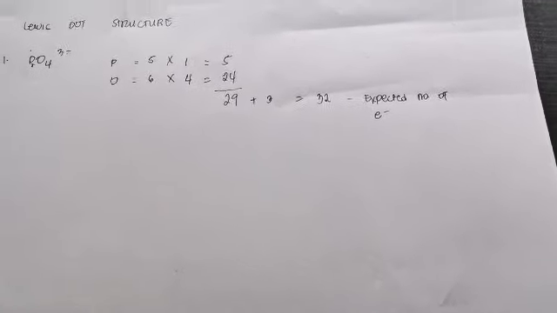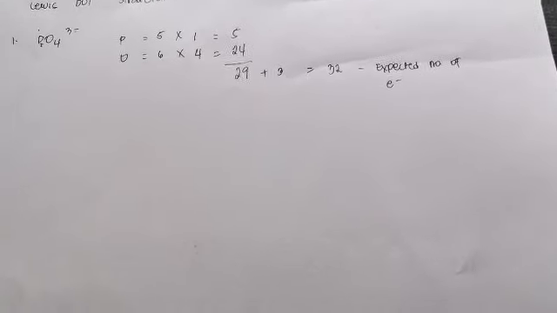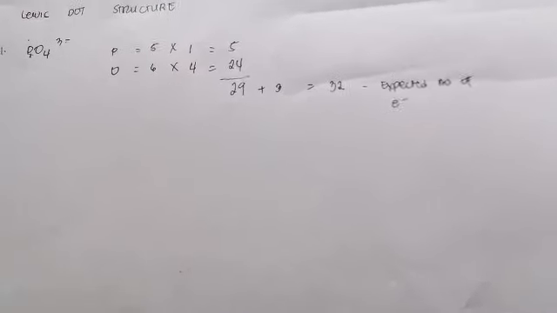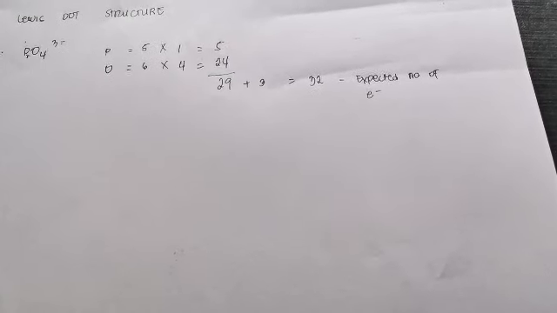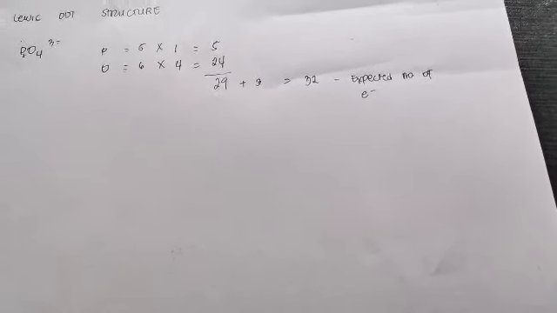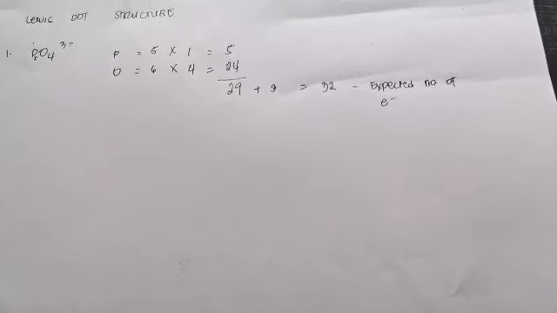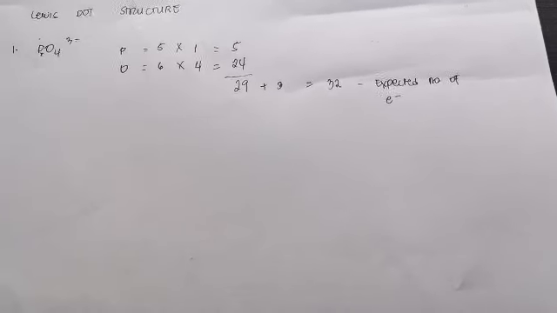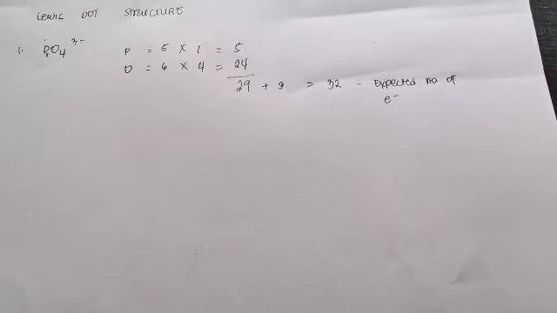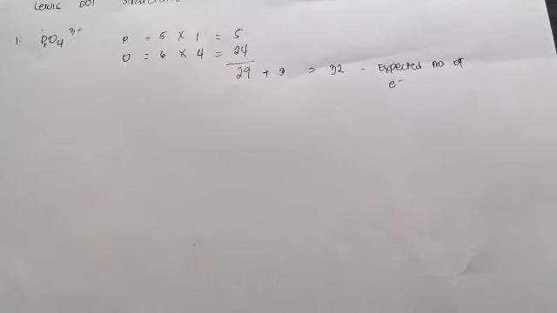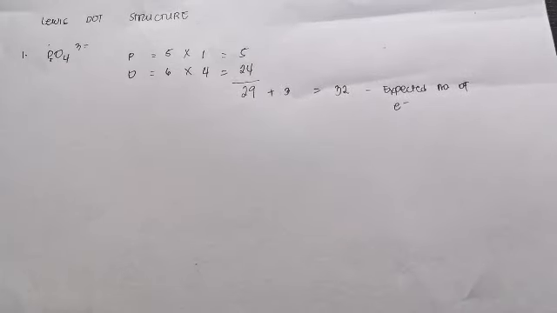Get the periodic table. So don't forget that in your periodic table, you can see there the electronegativity value. The electronegativity value will tell you who will be the central atom. Take note, whichever has the lowest value will be the central atom.